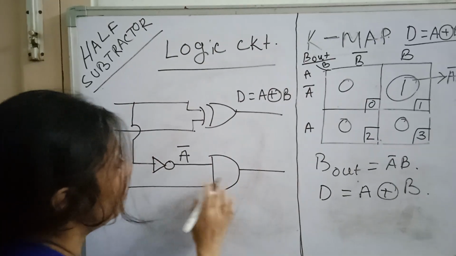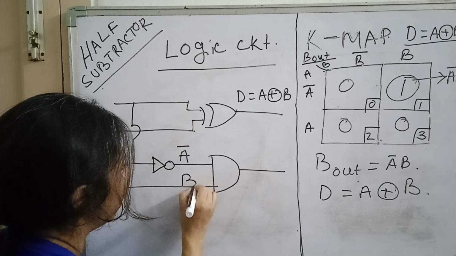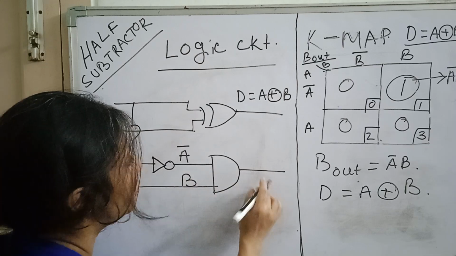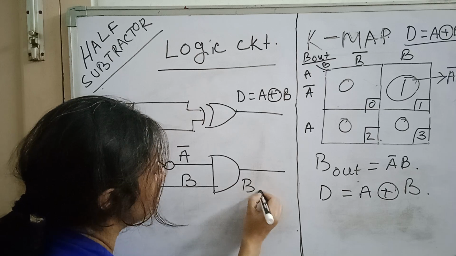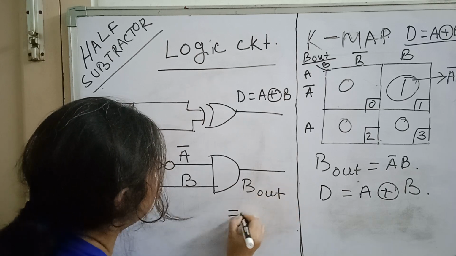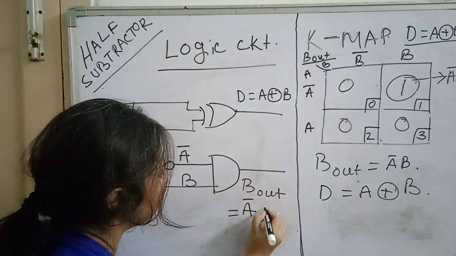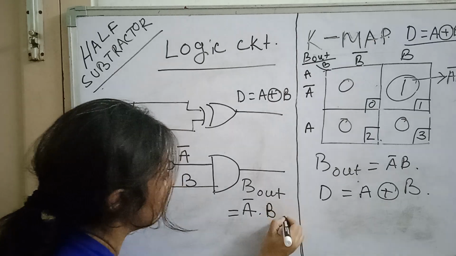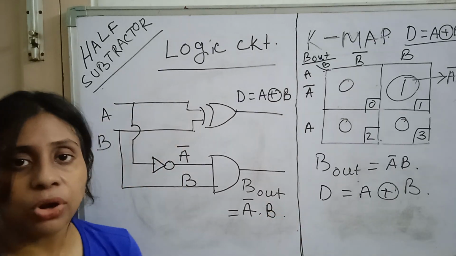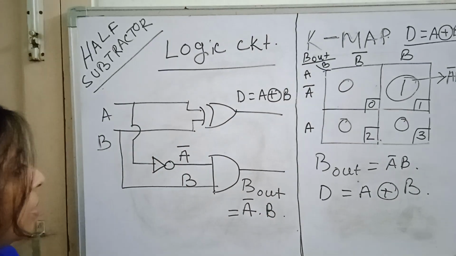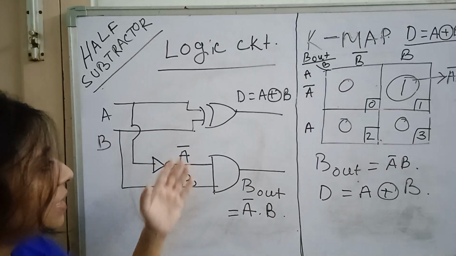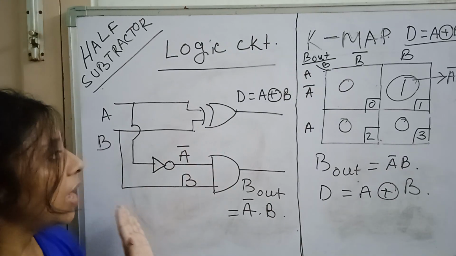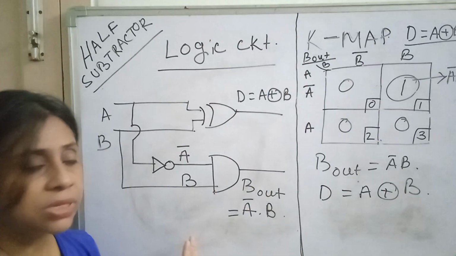This is input B. So what will be this output? B out equal to A complement dot B. So this is our logic circuit diagram.